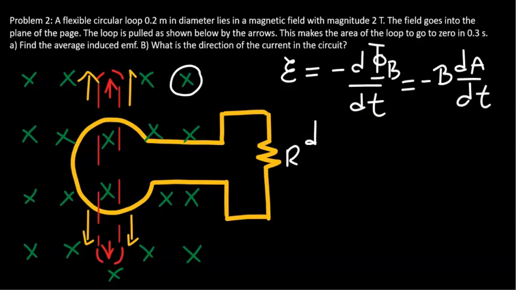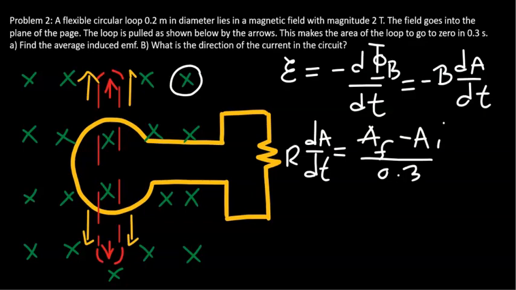So let's calculate the change in area over time. Now we note that we can compute this by looking at the area final minus the area initial over the time, which is in this case 0.3 seconds.